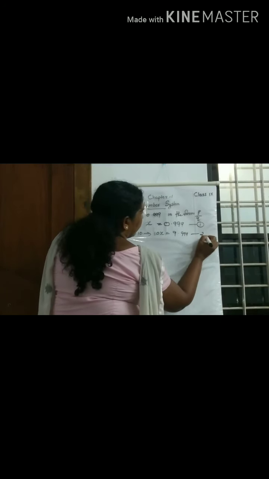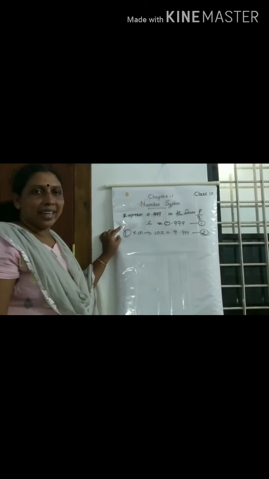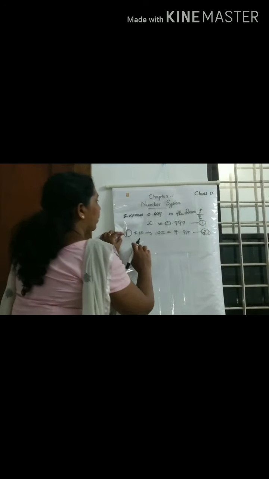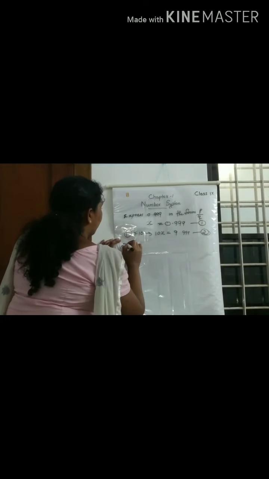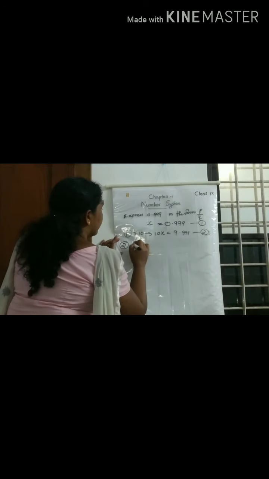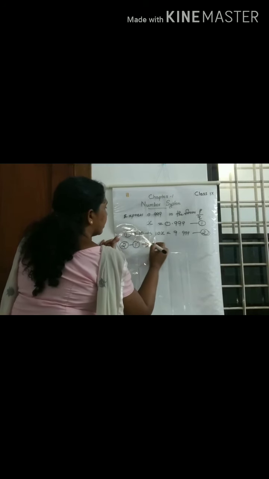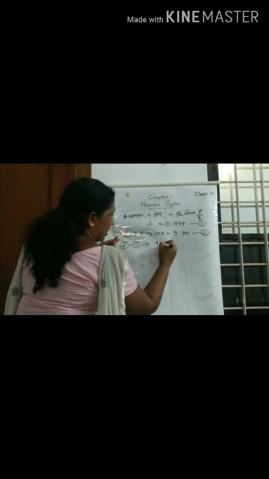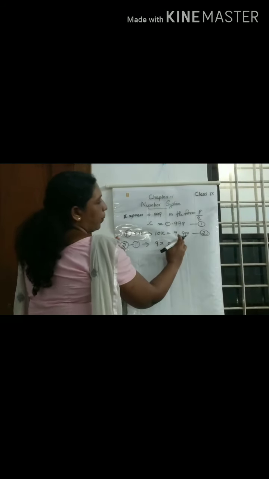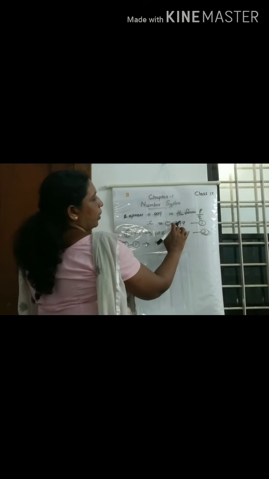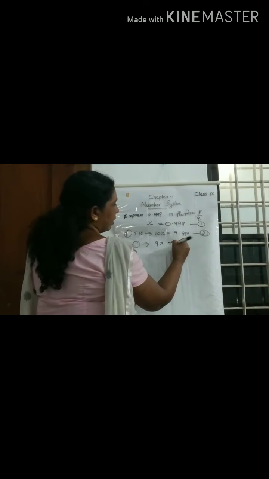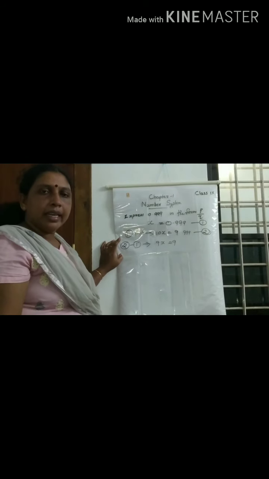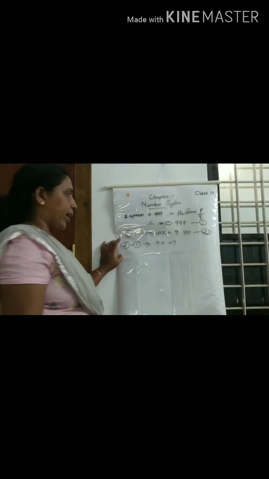Consider this as the second equation. Then 2 minus 1, that is 10x minus x. 9x is equal to 9.99 minus 0.99. That is 9. 9x is equal to 9.